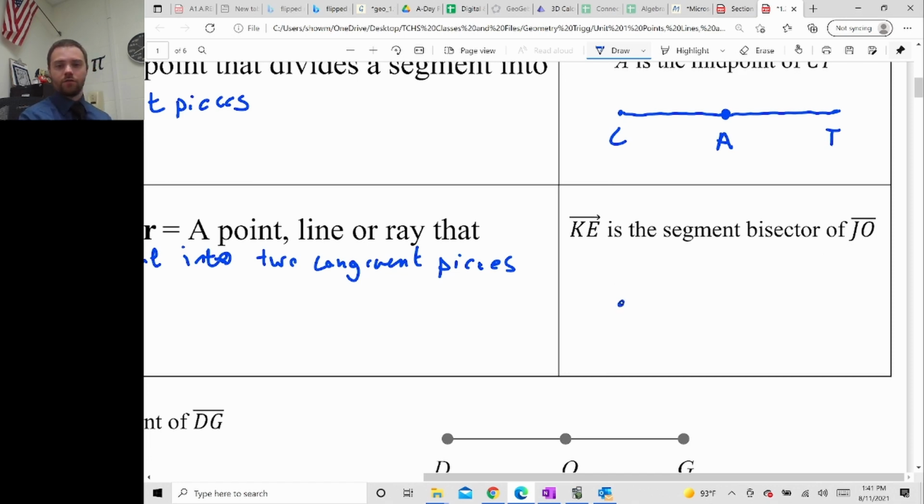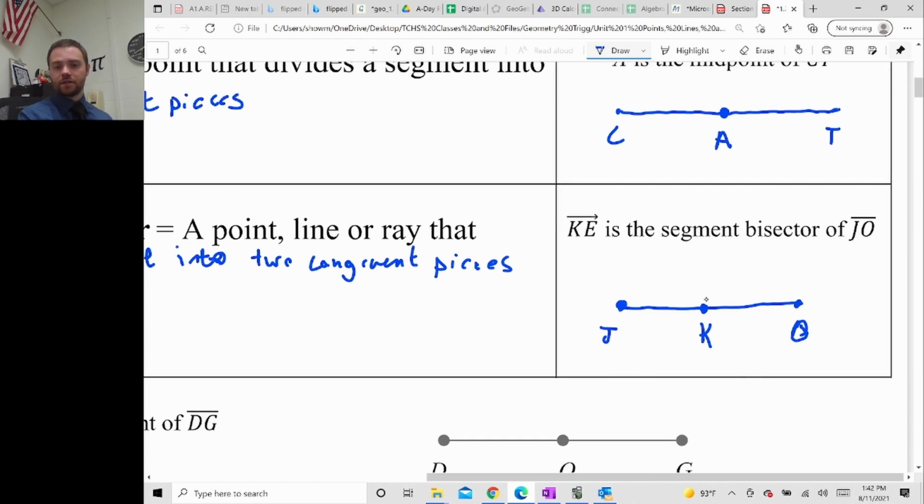So I'm going to draw JO first. The first point that it talks about, K, is going to be your midpoint. And it's extending on somewhere. So it could extend in this direction, that direction, or down here somewhere, but it's just extending on forever.